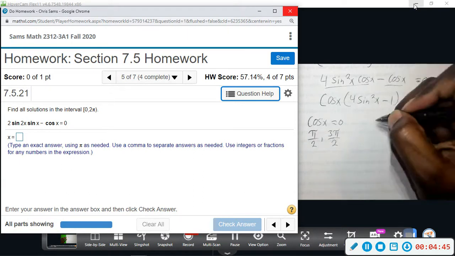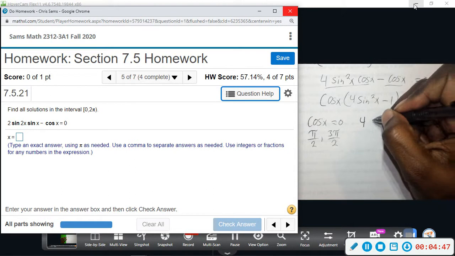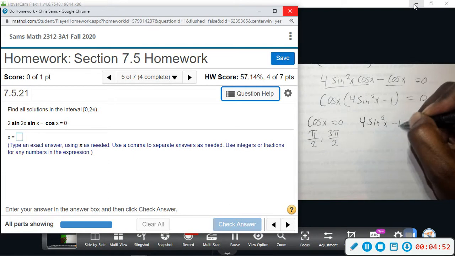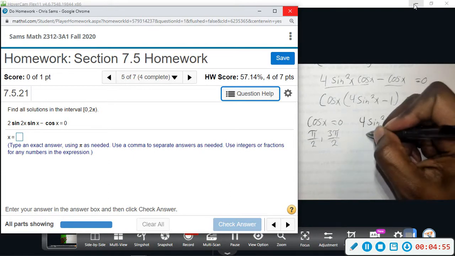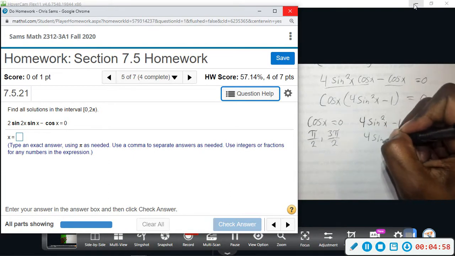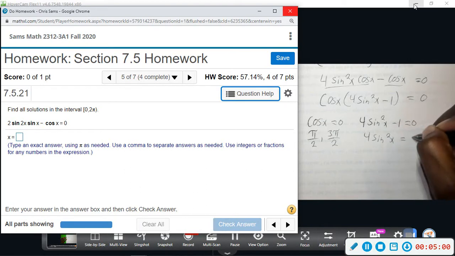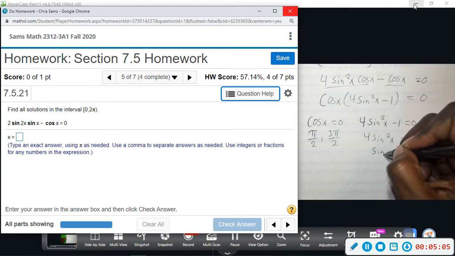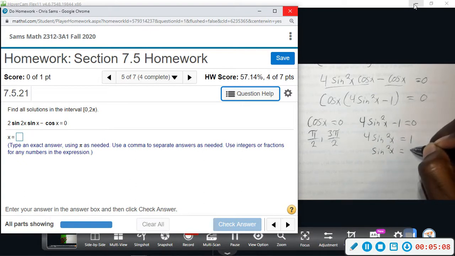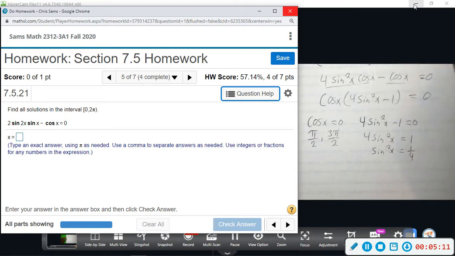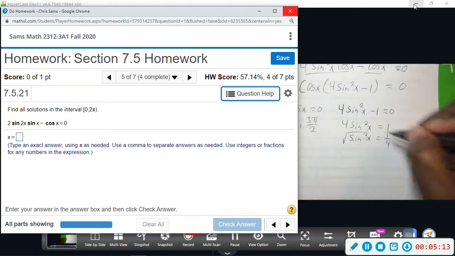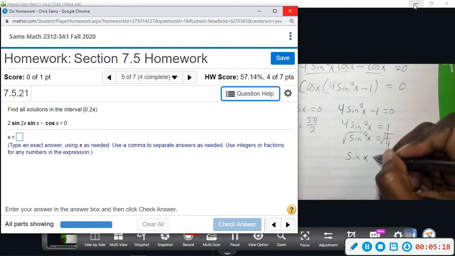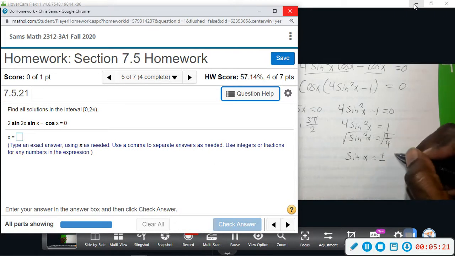Okay, so 4 sine squared x minus 1 equals 0. Add 1. Equals 1 divided by 4, and then you got to take the square root of both sides. It's going to give you a plus or minus, so we get sine x equals positive or negative 1/2.